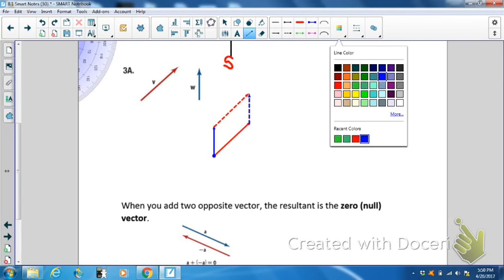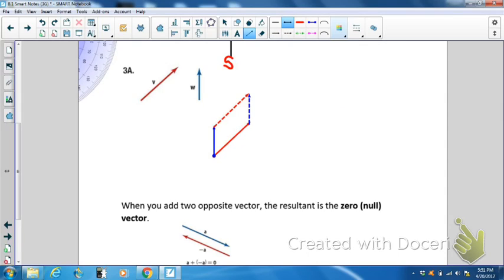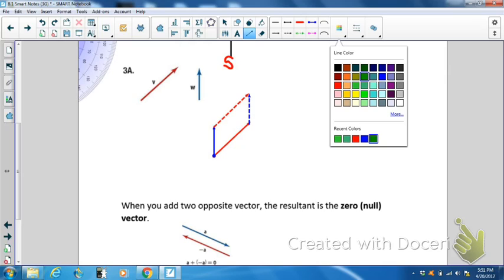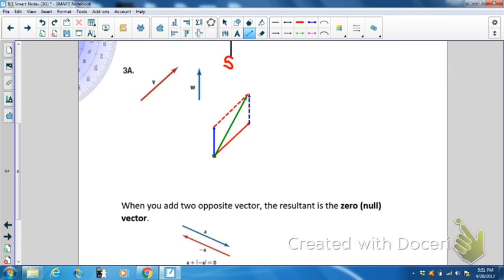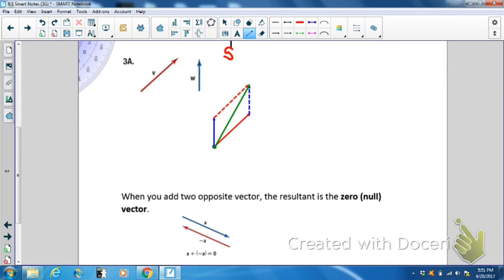Then we want to go from the initial pieces that we drew, and I'm going to make a new vector. So we go from those endpoints and we're going to go across, and this is our new vector, and we would call that v plus w.